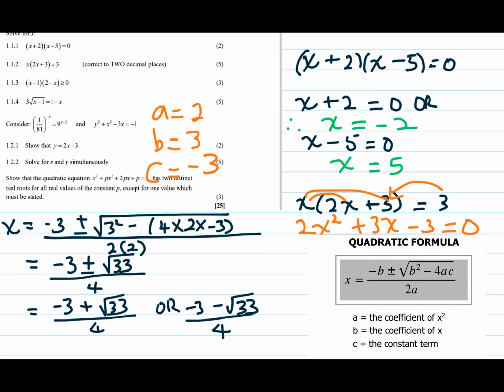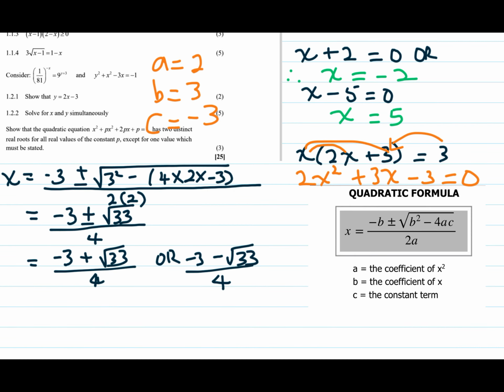You can get your calculator and then get the answer. And then you'll get x is equal to 0.69 or x is equal to negative 2.19. So those are the two values, this one and this one.